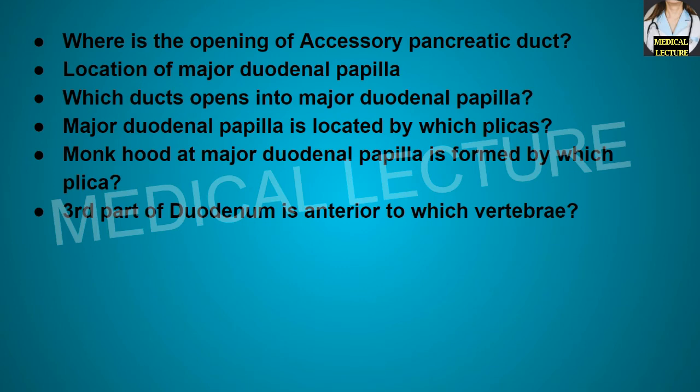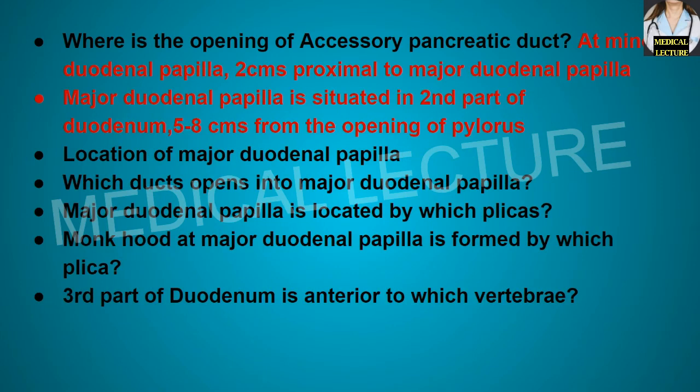Where is the opening of the accessory pancreatic duct? It opens at the minor duodenal papilla about 2 cm proximal to the major duodenal papilla. The major duodenal papilla is situated in the second part of the duodenum about 5 to 8 centimeters from the opening of the pylorus.